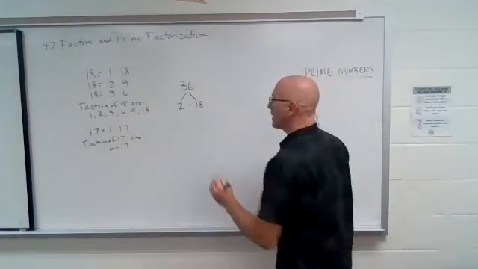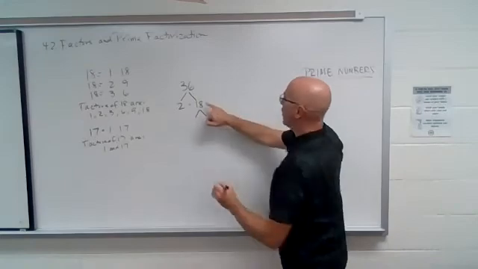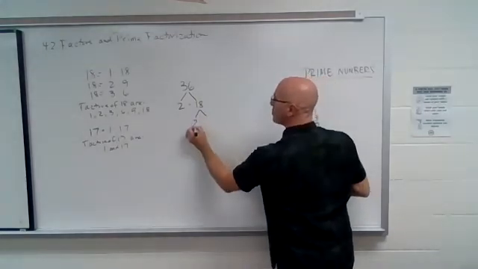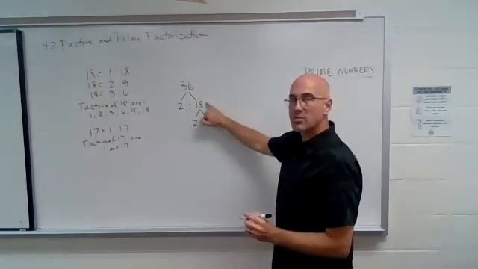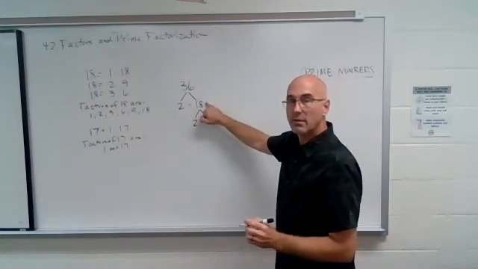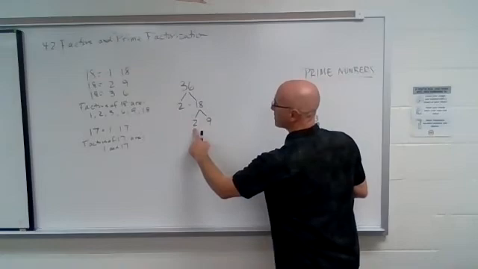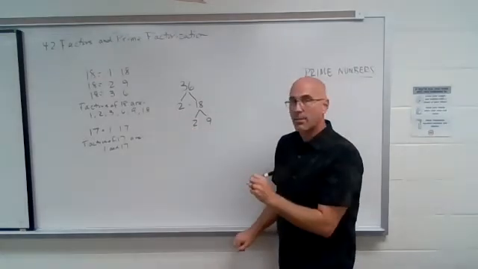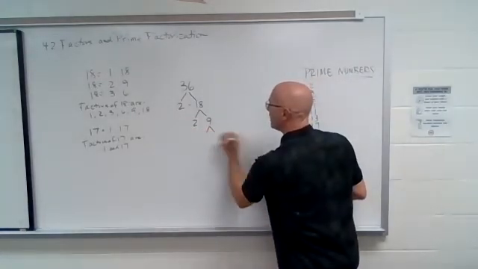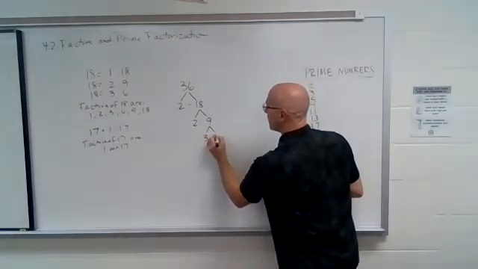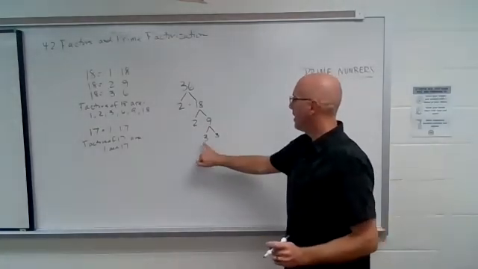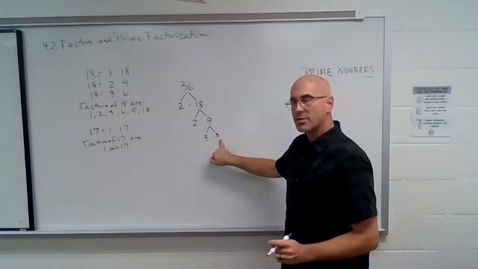18, we know that's even, so that's 2 times something. 2 times what is 18? 9. So here's a prime number, here's a prime number. 9 is not a prime number yet because 9 can be broken into 3 times 3, and these are prime numbers.